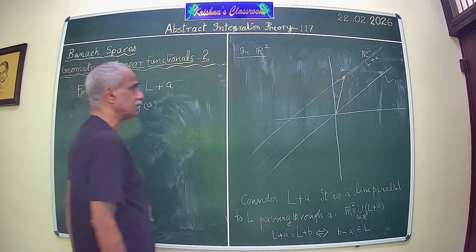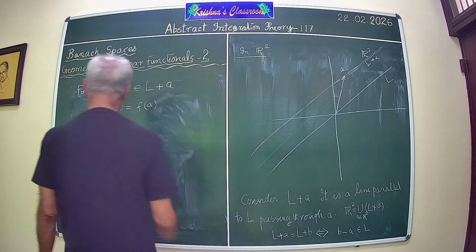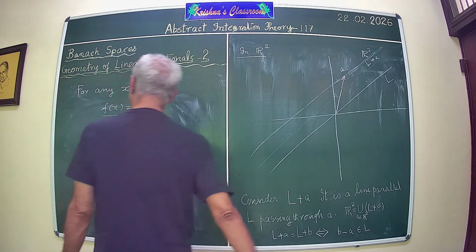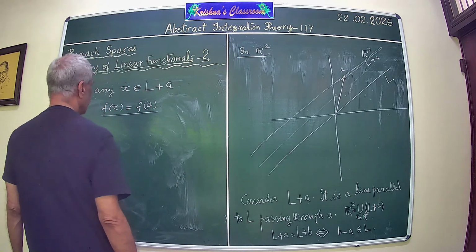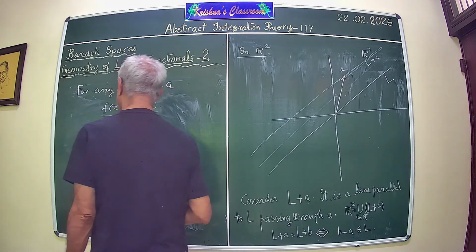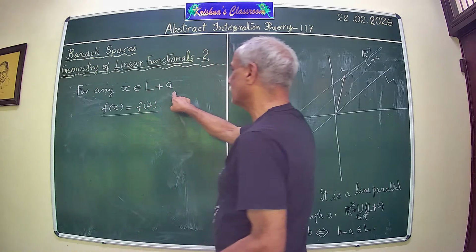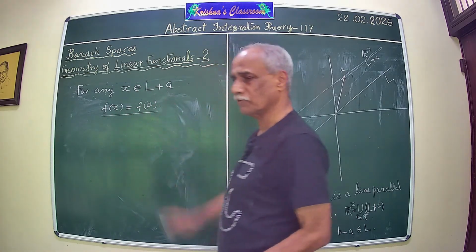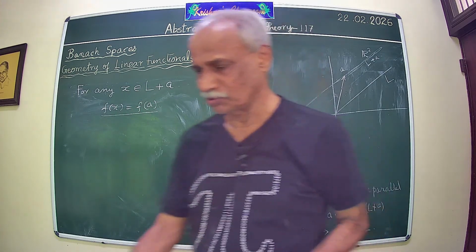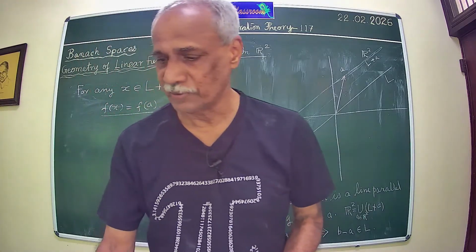It takes a constant value. Okay, right? Similarly, this is in R2. In R3, you take M plus A, then f of x is equal. Similar analysis.